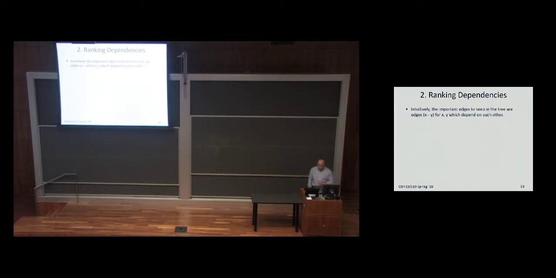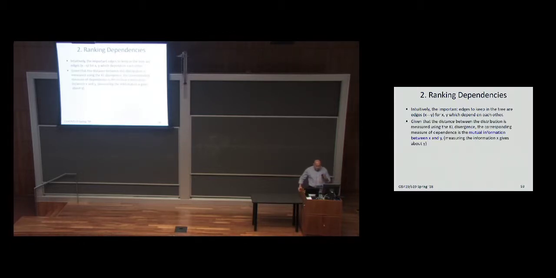The second component that you need to know is that I'm going to learn a tree. So we have to be able to make a decision. I have two nodes. The nodes are known to me. How do I decide whether I put an edge between x and y or not?